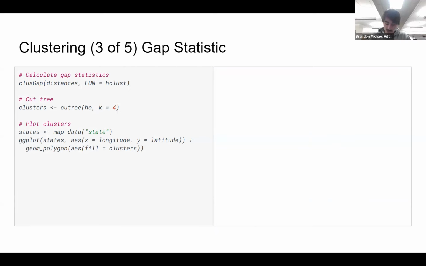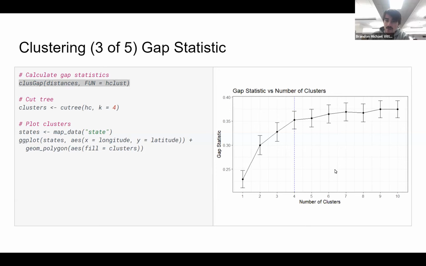And this is a very fancy way of saying that we take a look at the gap statistic, and the greater the gap, the more distinct the clustering is from being totally random. So what we can do is we can pass our final distance matrix as well as our clustering function into the clusgap function in order to create this nice chart that plots the gap statistic for a various number of clusters.